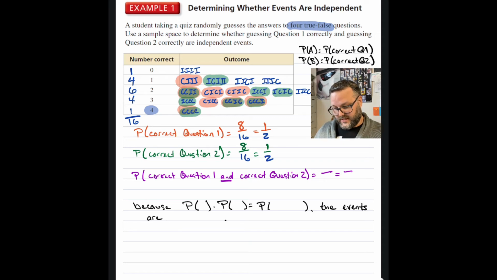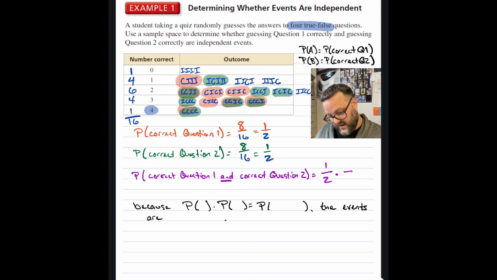Now the last one is the idea of getting correct question 1 and question 2. And when we're talking about that, all it means is we're going to multiply the probability of getting the first answer right times the probability of getting the second one right, which means I actually need to take that out and put here, multiply.